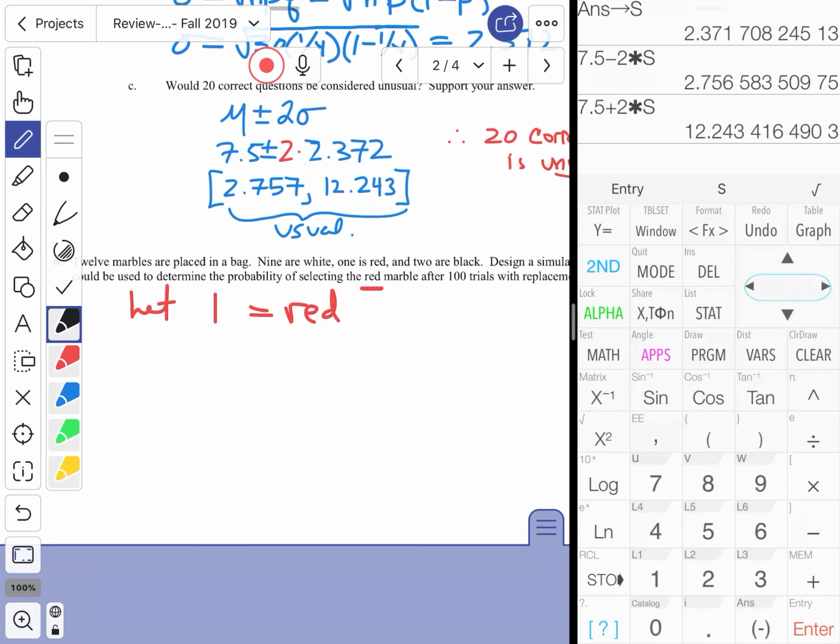So what I can do is I'll account for the black ones now. 2 and 3 are the black ones. Although it really doesn't matter, because it's really like 1 is red and the other 11 are not red. Right? So that's really all it's going to come down to. But, you know, this is fun too. For the 4th one through the 12th one would be the white.